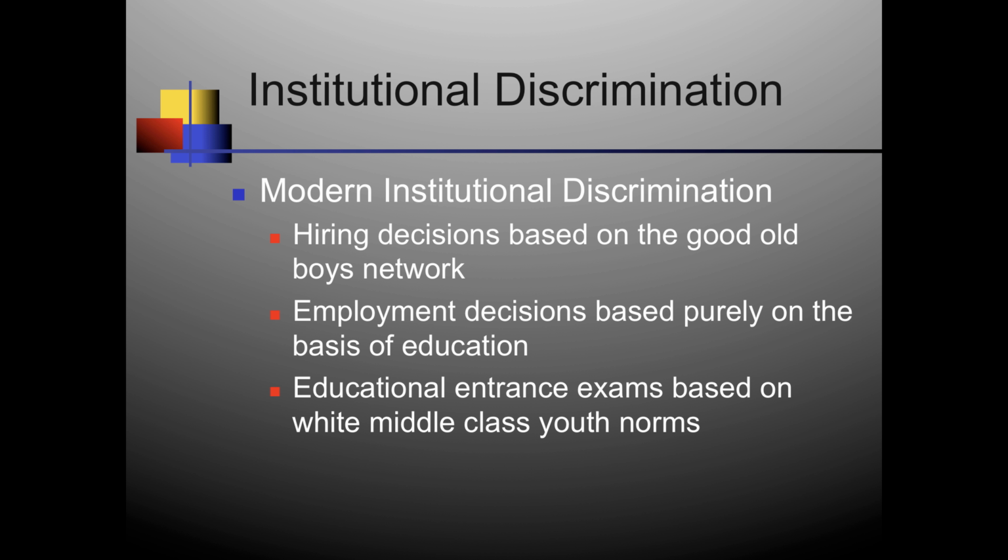Hiring and advancement decisions are made oftentimes on who knows who, which can be said to rely on the good old boy network that exists in many business areas. And sometimes employment decisions are made purely on the basis of education, what college someone went to, and that kind of decision can be riddled with class bias. And when entrance exams are skewed and based on middle-class youth norms, that is a built-in kind of bias as well.